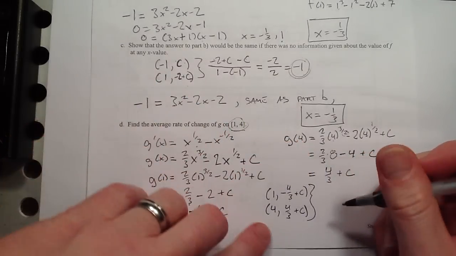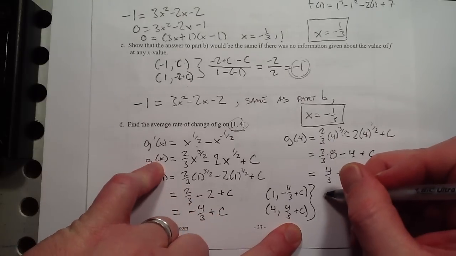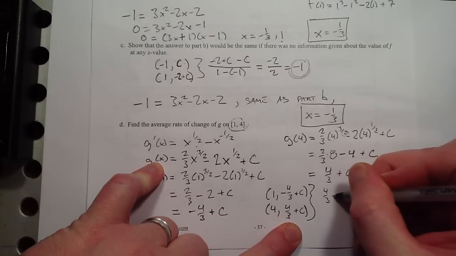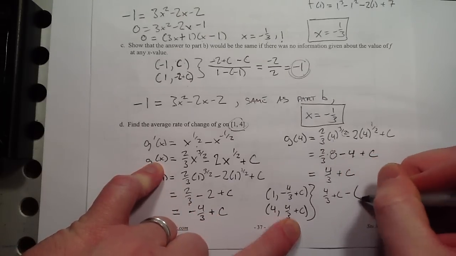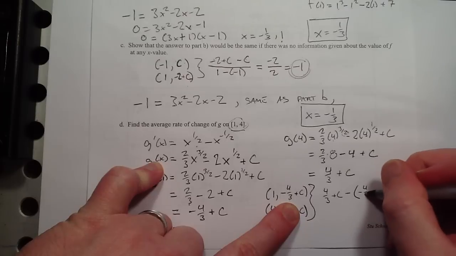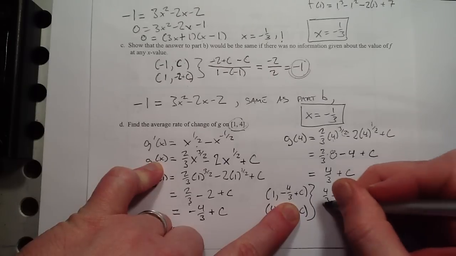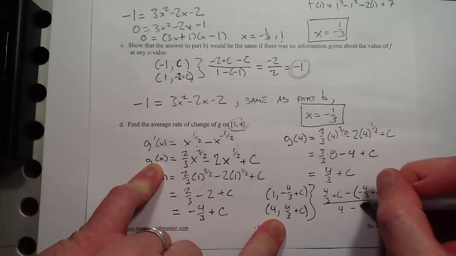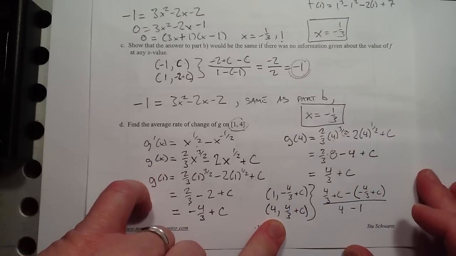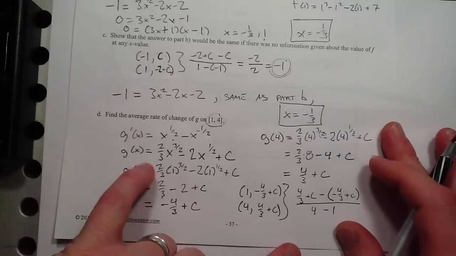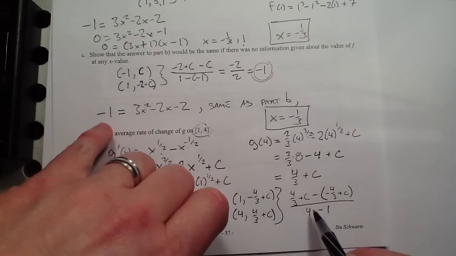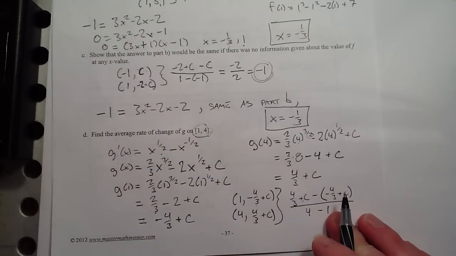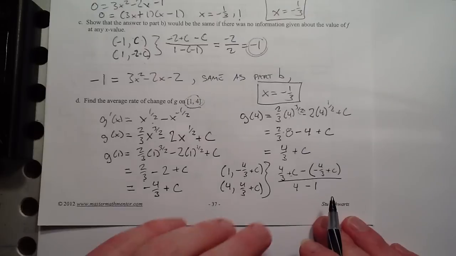Finding the slope, I do y minus y over x minus x, which gives me, notice that the c's cancel out just like we were hoping, expecting.